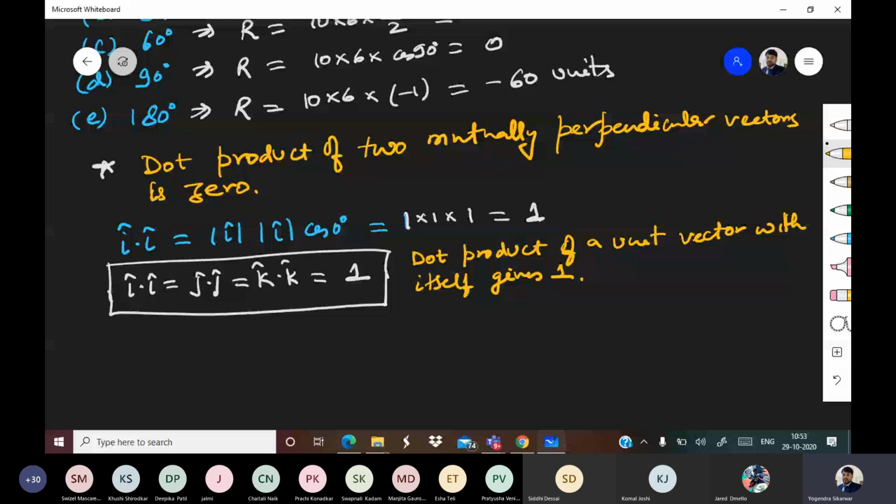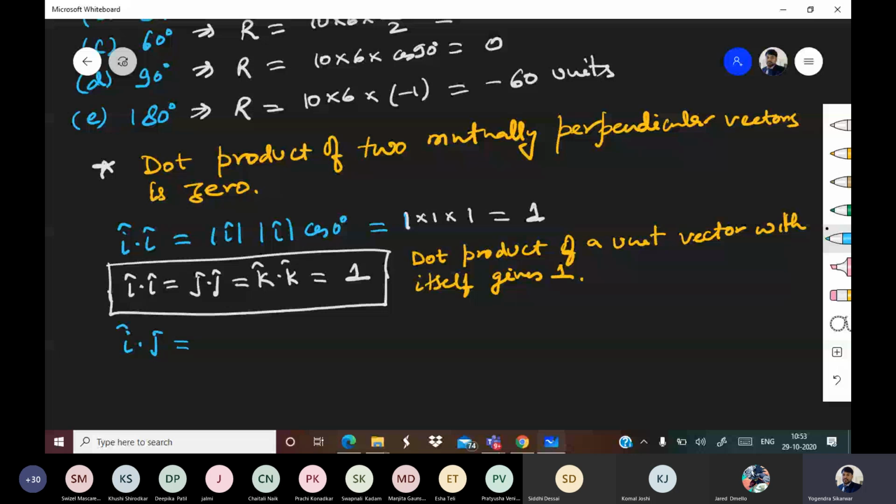Okay, good. Now the next question which I am asking you, what will be the value of i dot j? Everyone is happily saying 0.